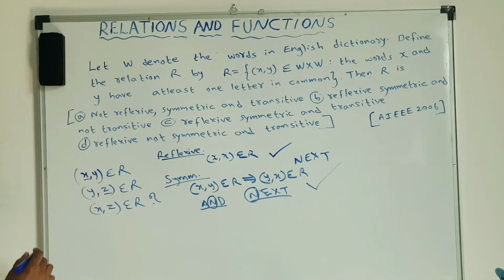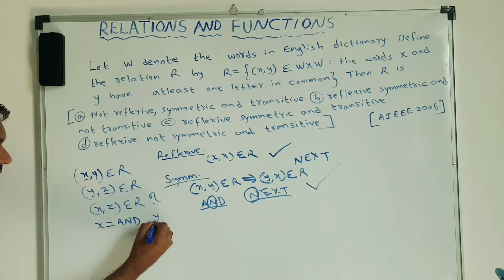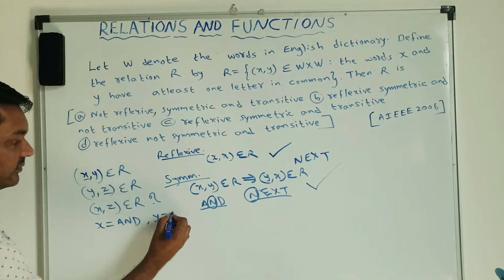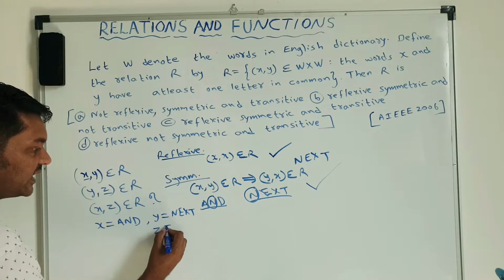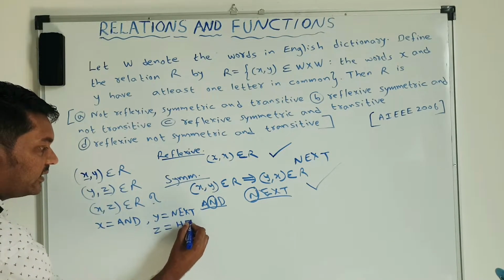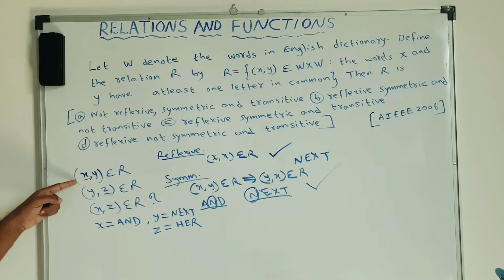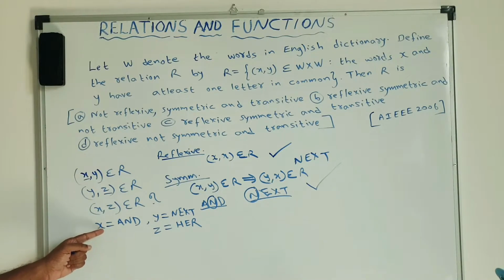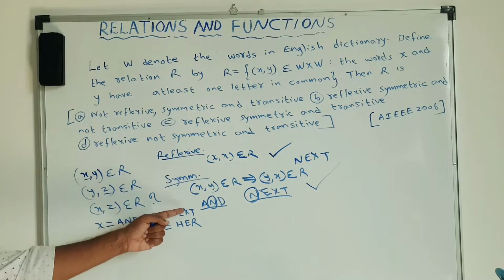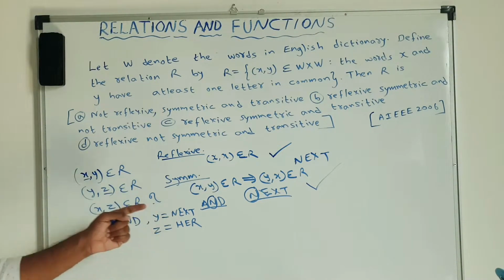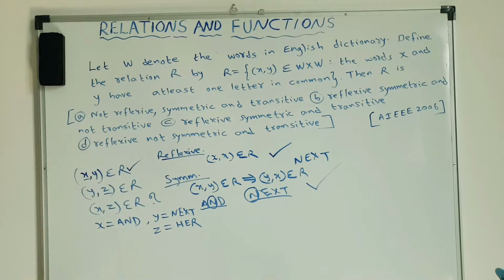So I am taking X as the first word AND, Y I am taking the word NEXT, and Z I am considering the word HERE. Now I am checking whether (X, Y) belongs to R or not. Means the word AND and the word NEXT, do they have any letter common? Yes, they have N common. So this condition is okay.